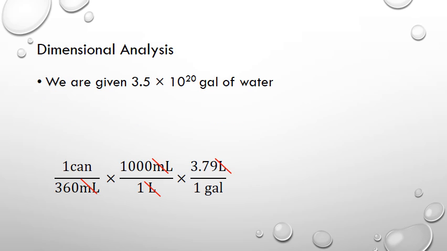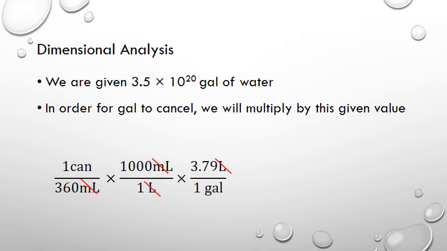We're given 3.5 times 10 to the 20 gallons of water. So in order for the gallons on the bottom to cancel, we're going to multiply by gallons. We're going to put gallons on the top. When we do this, gallons cancel. Our units left over are cans. So we apply our conversions in this way because we were asked to come up with cans.